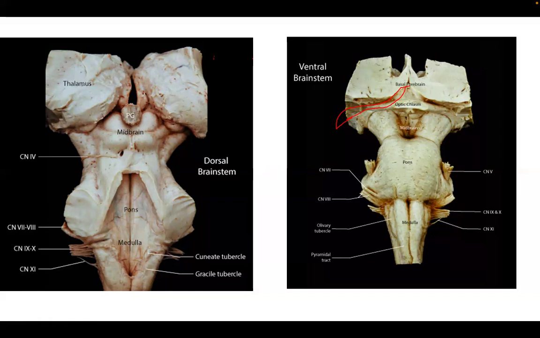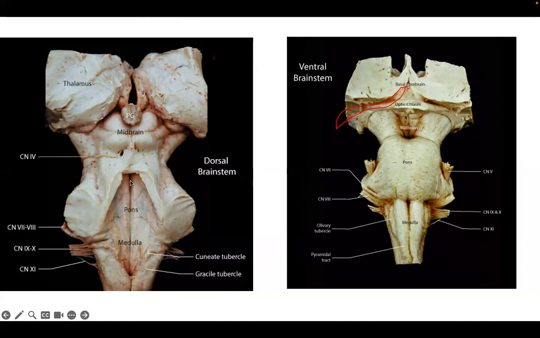You have various nuclei that are responsible for coordinating eye movements and pupillary activity, like the gaze centers, the vertical gaze center, particularly in the midbrain, which includes things like the posterior commissure, interstitial cells of Cajal, and various other structures within the midbrain.